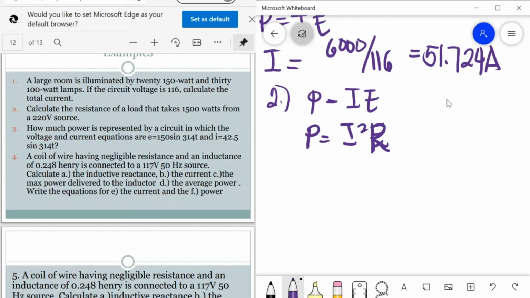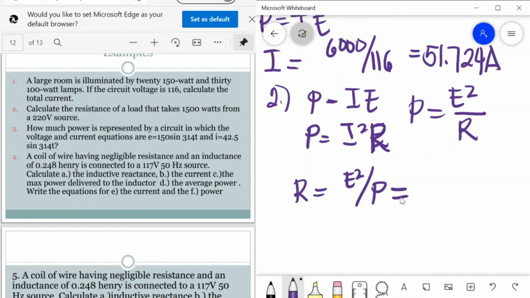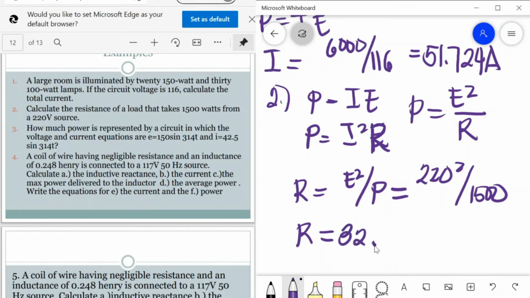So, another formula is P is equal to E squared over R. Getting the value of R, we will have E squared all over P. So 220 squared divided by 1,500 watts. So the resistance will be 32.267 ohms.